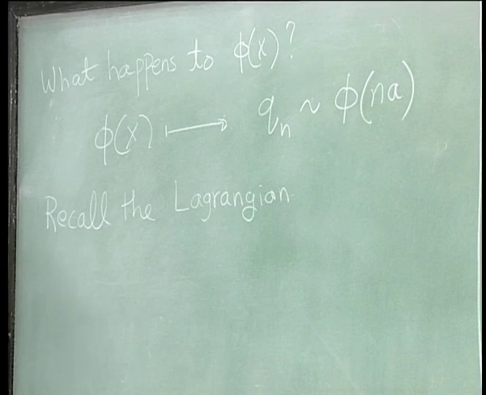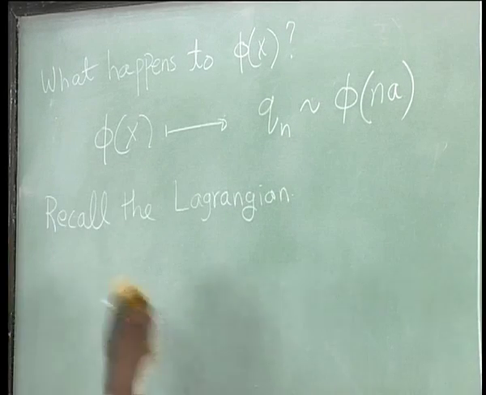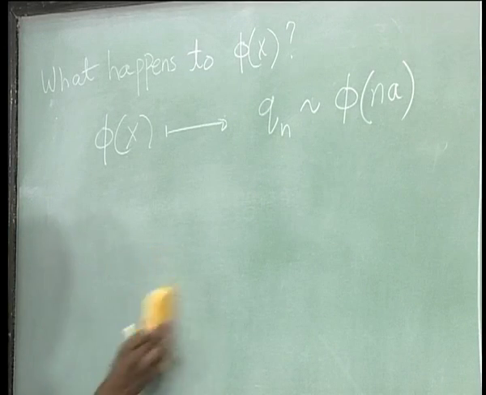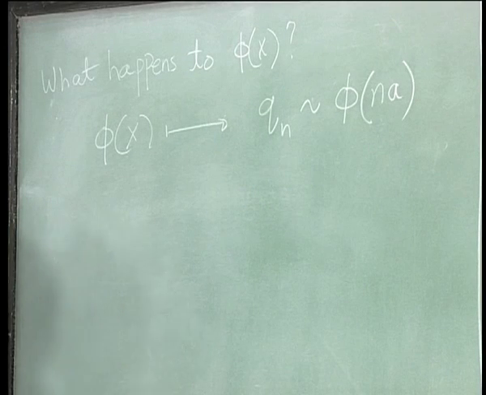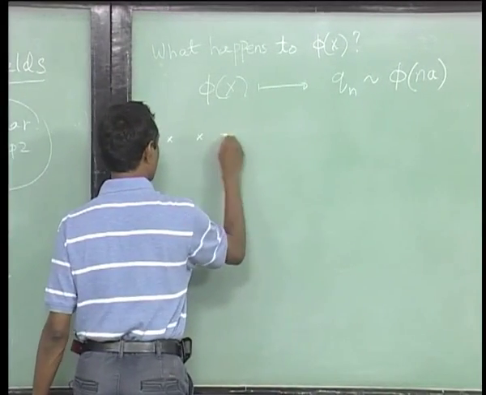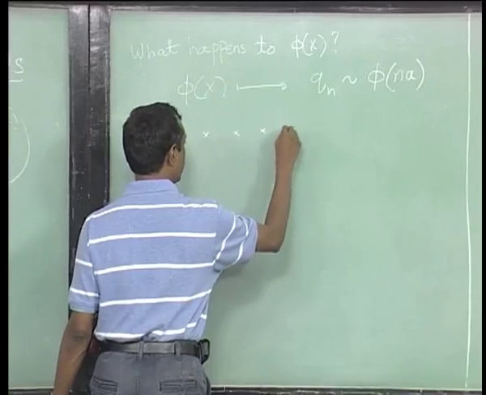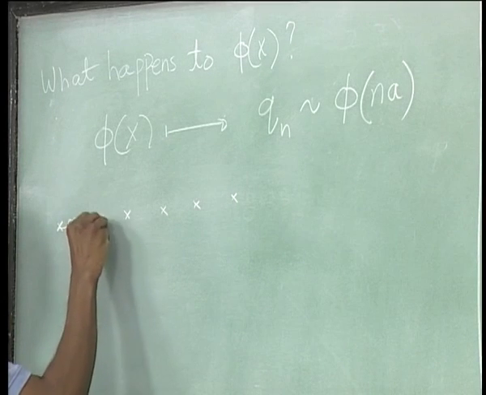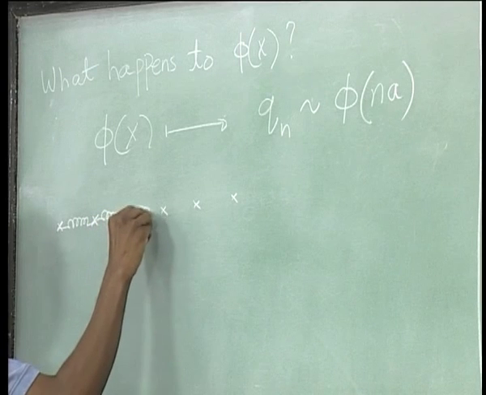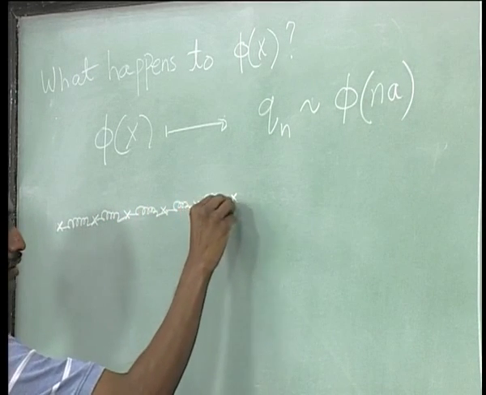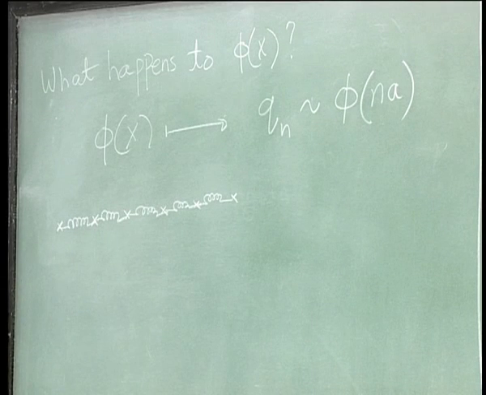Actually, even before I do that, let us take a toy model of the kind you would see in Kardar's book. Take a bunch of degrees of freedom which lie out here and think of them as masses connected by springs, that means their interaction is harmonic.